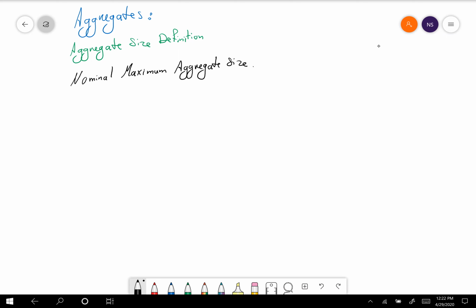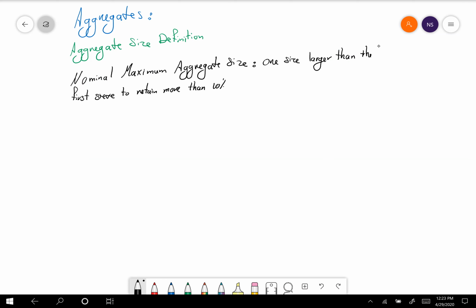So the definition is one size larger than the first sieve to retain more than 10%.